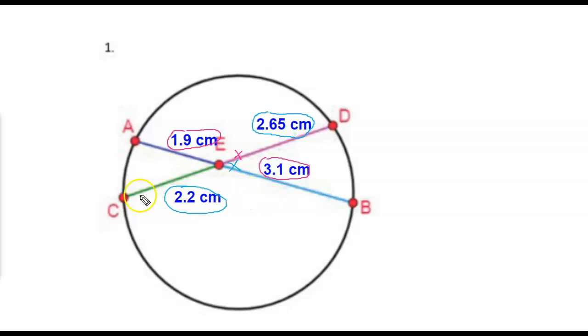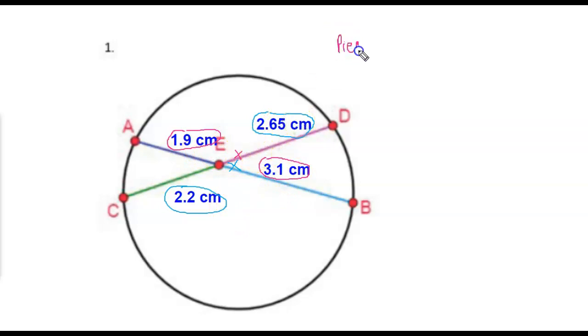And so we've set up an interesting proportion. We're making a conjecture that if I take the two pieces of a chord, because when these intersect inside the circle, each chord is cut into two pieces. We don't know that those two pieces are congruent, but what it appears to be is that if we multiply those two pieces, they do have to be equal to each other.